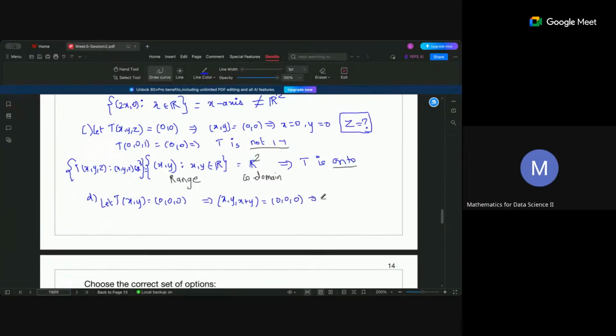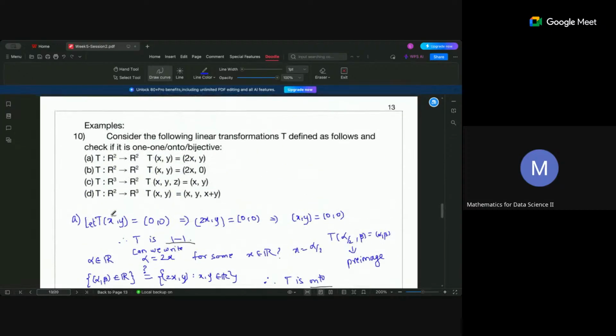So simply I will get x is equal to 0, y is equal to 0. So the domain vector here has become 0. So what can you conclude? T is one to one.